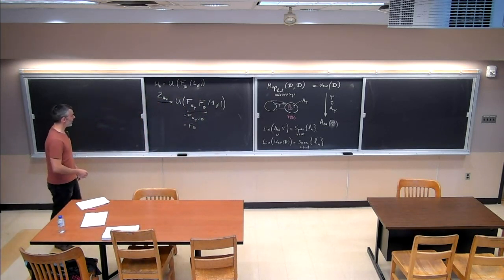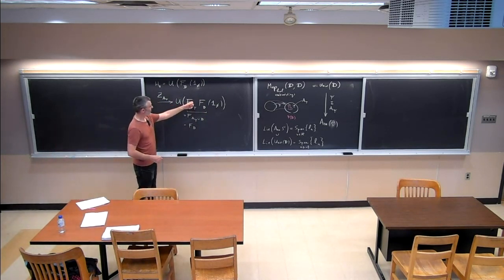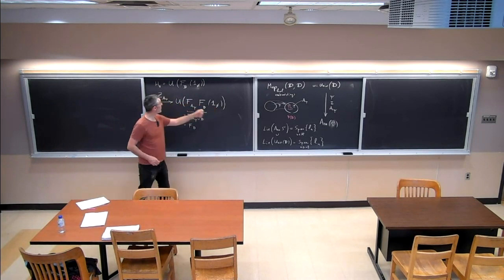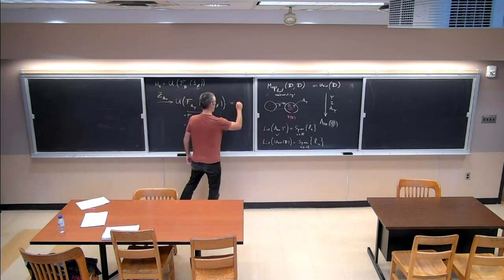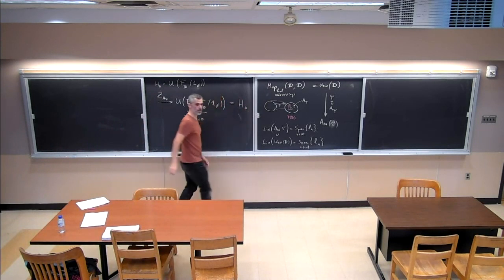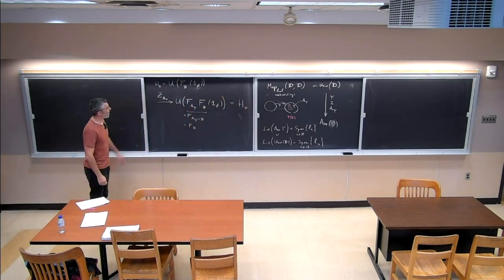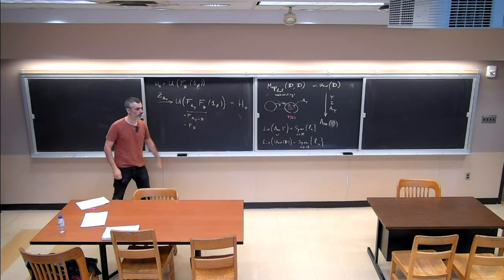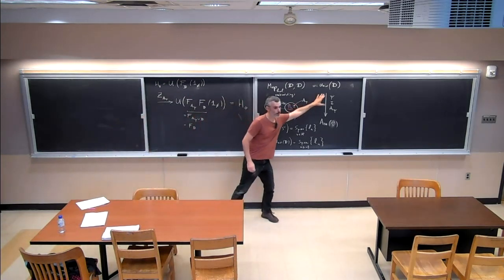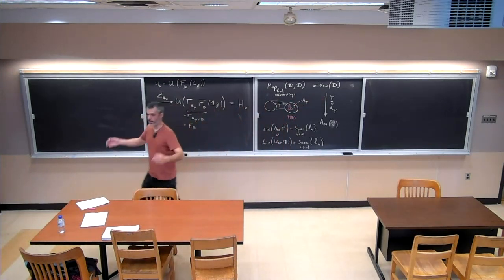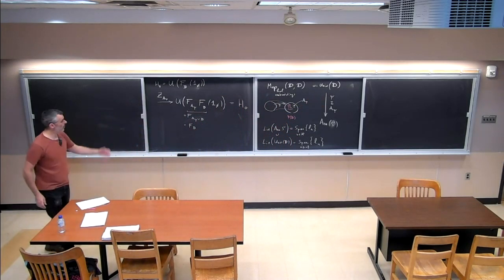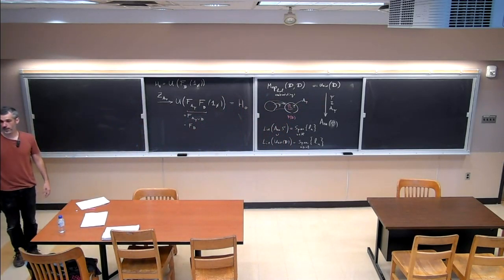So what do I have? I have U of F_disk of this thing, that's the same thing as that. And so here we go. I have a map from the vacuum sector to the vacuum sector associated to any one of these univalent maps. And there was no anomaly. You can see that this thing acts naturally.